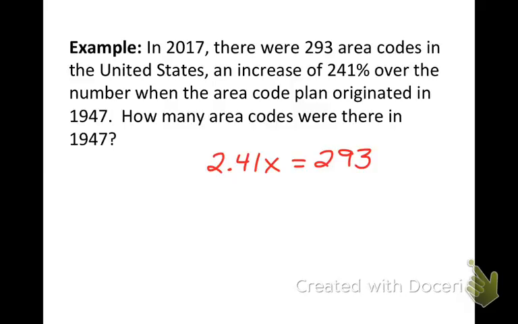Increase would be addition, right? Because you're increasing, so you're adding. So I have my original, your 1947 number, which is your x, and then we need to add to it our increase of 241%, which is going to equal your 293. So that's going to be your actual equation.